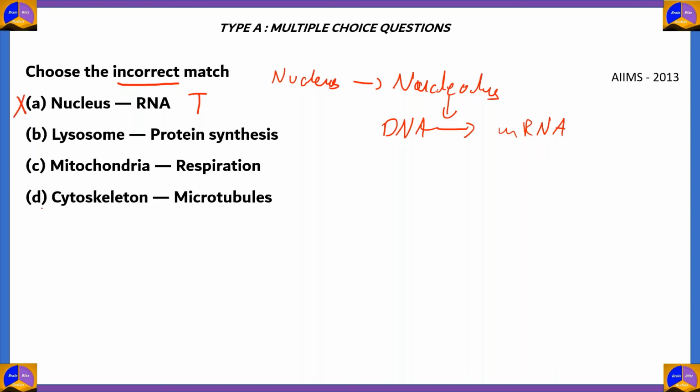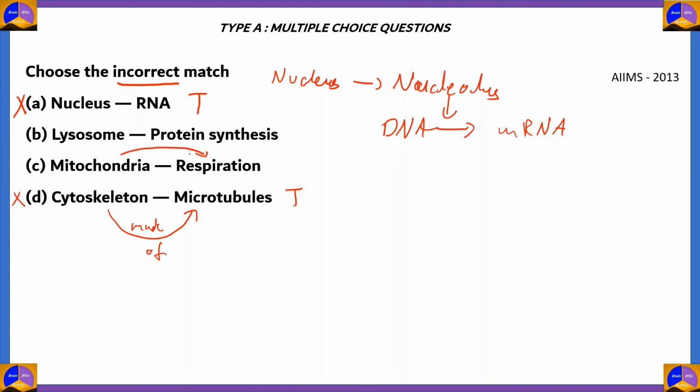What about option D? Cytoskeleton, microtubules. Cytoskeleton is made of microtubules. So the match is correct. That makes the option incorrect. Option C, mitochondria, respiration.